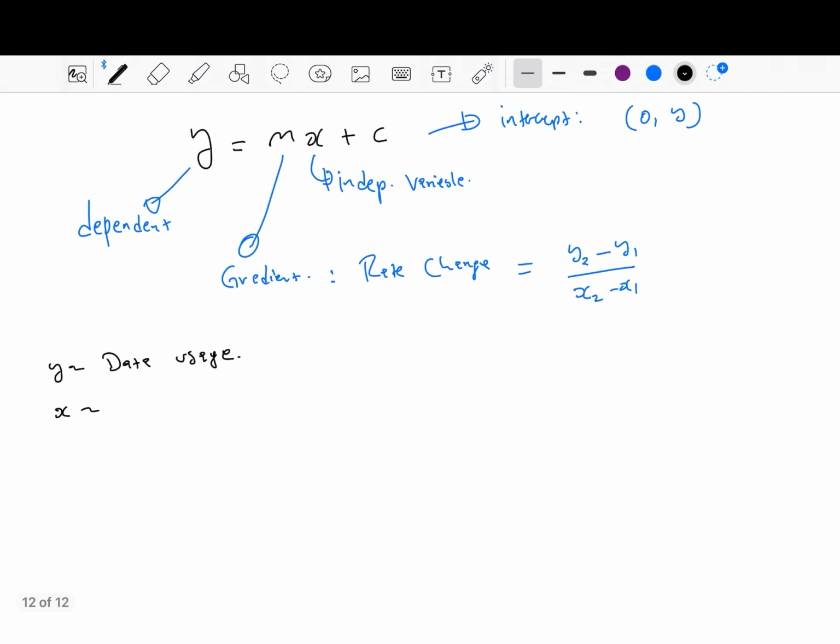In the month, you can say days or dates if you want to. It's really up to you. You're looking at a date in the month or days in the month. Same thing in this context, doesn't matter. So your data usage and your days: x is an independent variable, y is a dependent variable.